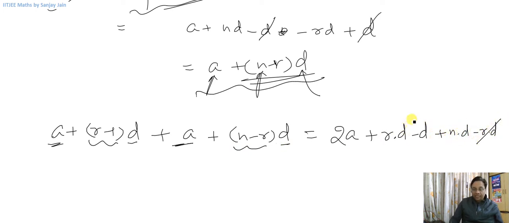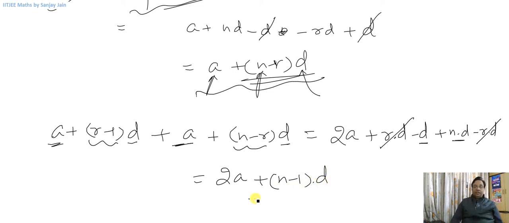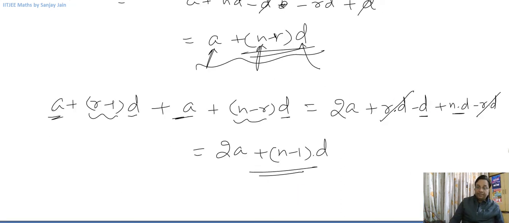So this rd and this rd get cancelled, and 2a plus nd minus d, I can take d common and write it like this, (n minus 1) into d. So yes, the sum of rth term from the beginning and rth term from the end is the same, which is 2a plus (n minus 1) into d.